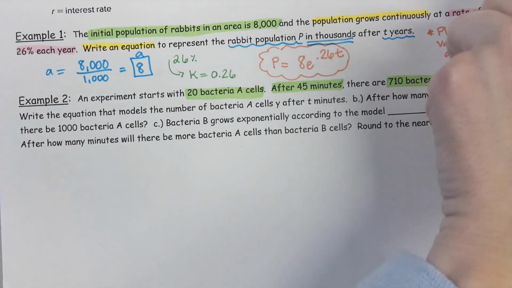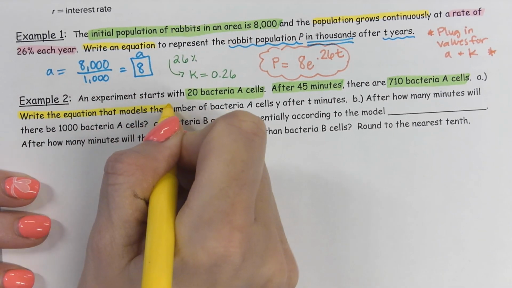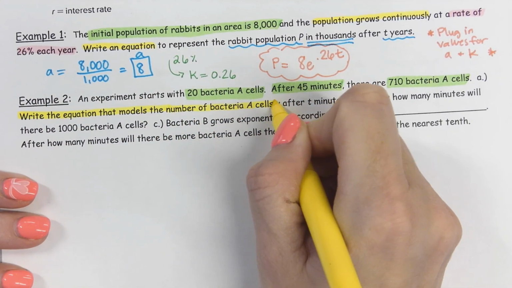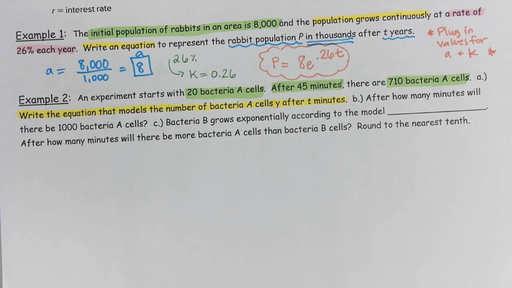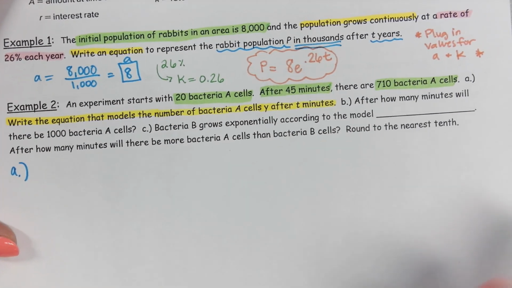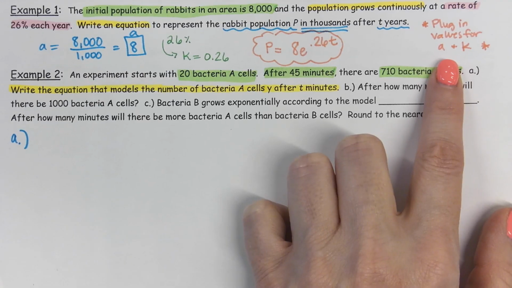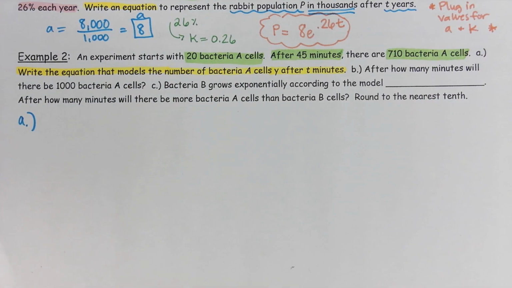We are going to write an equation that models the number of bacteria A cells after T minutes. So when you are writing a model, you are going to have to plug something in for A and K in your final model.